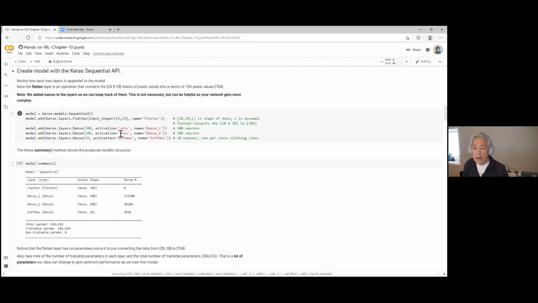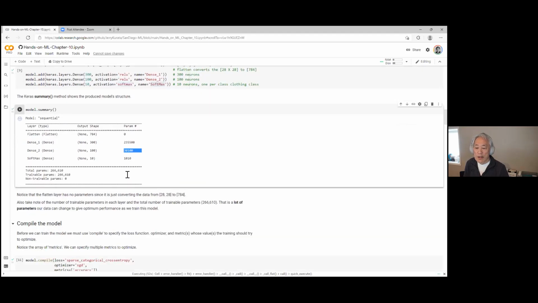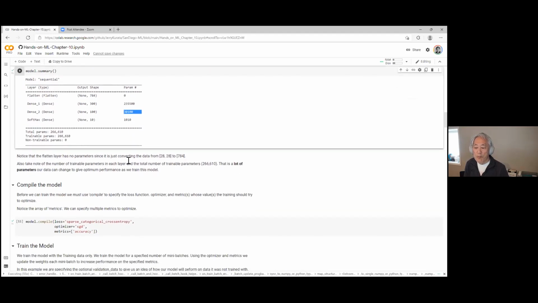It's adjusting all the weights in here. It flattens the data, and then for our 300 neurons, it's adjusting the weights in our first tensor. Then for the second one, it's adjusting the weights in the second tensor. And then finally it adjusts the weights in the softmax. Once again, there are a ton of weights in there, so it does take a moment or two to go through those.